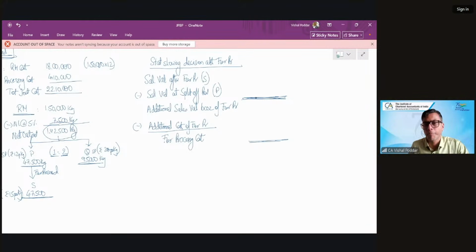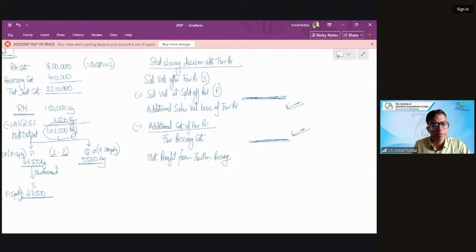Now, understand the logic, students. This is your extra revenue by doing further processing. This is the extra cost of further processing. Now I'll get to know what is my net benefit from further processing. If this net benefit is positive, I will say, okay, boss, do further processing.